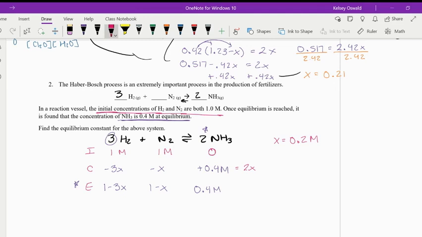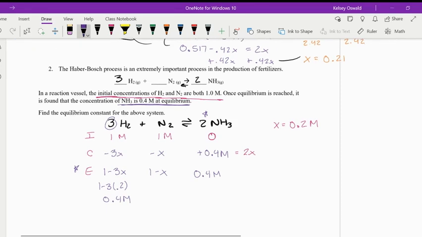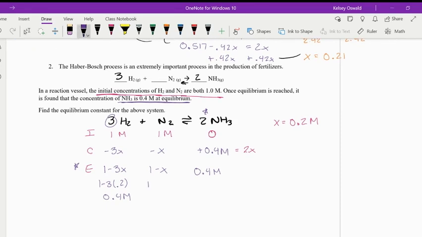Now that we know what x is, we can plug that into our equilibrium row. For H2, we have 1 minus 3 times x, or 3 times 0.2. So we're left with a molarity of 0.4 at equilibrium. For N2, we had 1 minus x, or 1 minus 0.2. So at equilibrium, we had 0.8. And then we already knew what NH3 was at equilibrium.